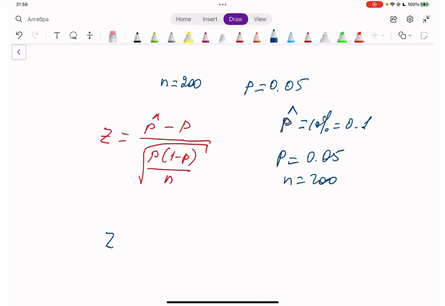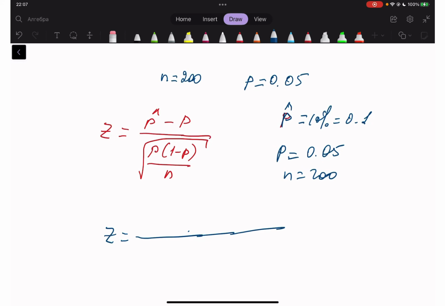So Z, the test statistic, is equal to... We need to take our P hat. P hat is a proportion from the sample, which is 0.05. Let me write down, for sample 200. And our P proportion for population is 10%, 0.1.